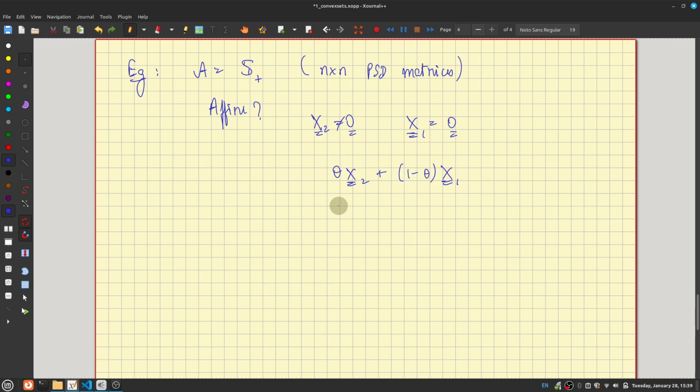Okay, yep, take minus 1. Theta equal to minus 1. This just becomes minus X2, right? If X is a non-zero PSD matrix, then can minus X also be PSD? It can't. Why?